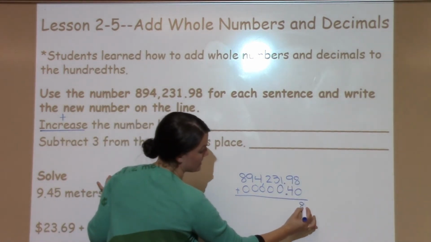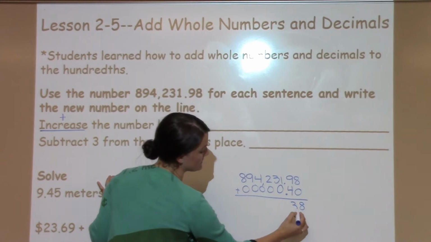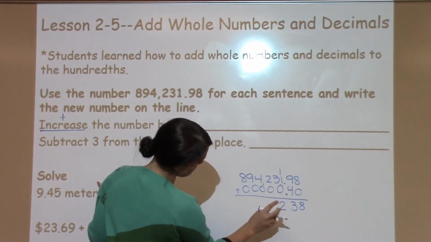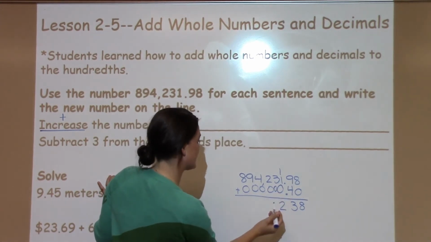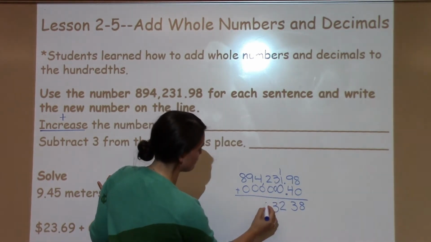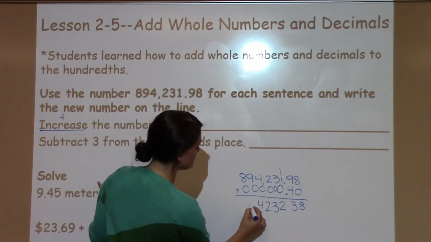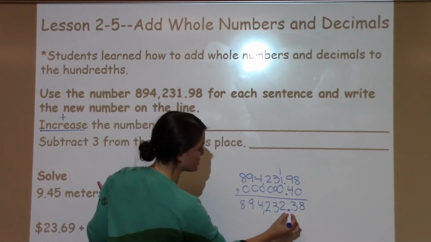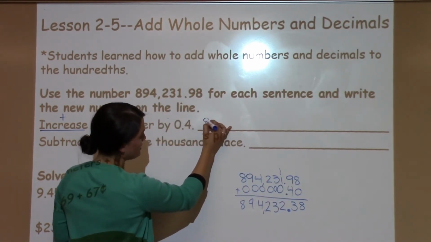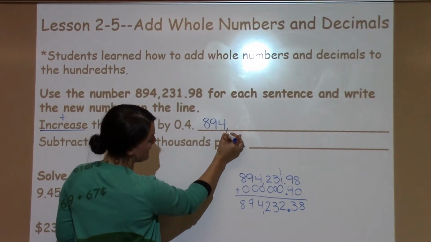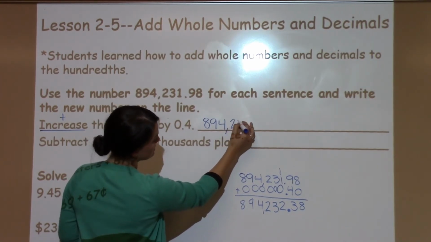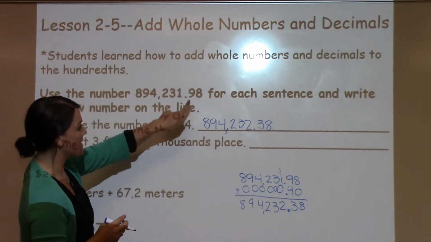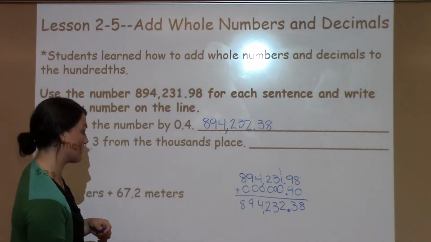And then I would just add. 8 plus 0 is 8, 9 plus 4 is 13, carry my 1, 1 plus 1 is 2, 3 plus 0, I needed an extra 0 there, is 3, 2 plus 0 is 2, 4 plus 0 is 4, 8, 9, and so on. I bring my decimal point straight down, and then I write my new number on the line, 894,232 and 38 hundredths, because I made the tenths place bigger by 4.